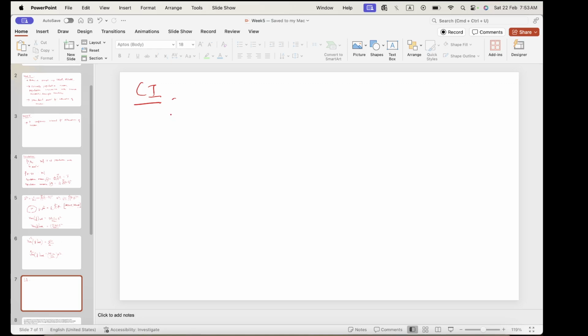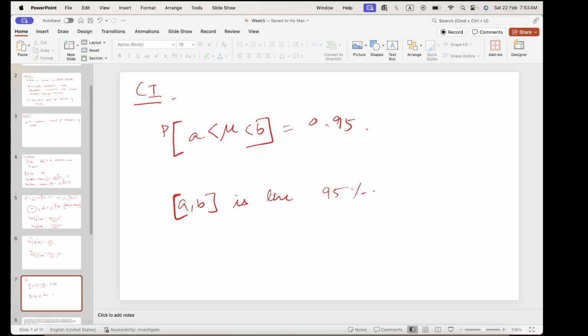If I say that probability that this population parameter lies between A and B is equal to 0.95, then AB is the 95% confidence interval for mu.